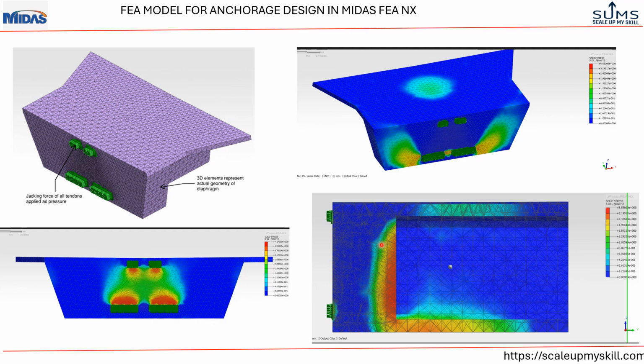Once we find the stresses, these stresses are converted into tensile forces in longitudinal and transverse directions, and based on that the reinforcement requirement in the anchorage face and far face of the anchorage and the equilibrium reinforcement is determined. So this is for the anchorage.